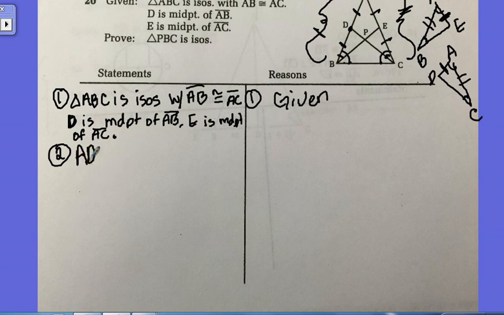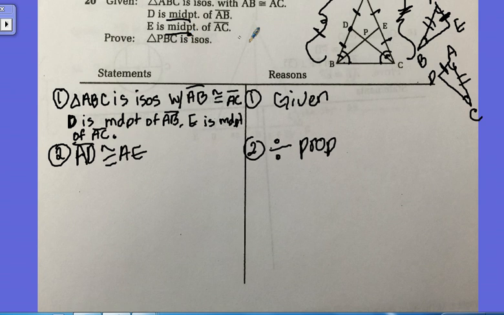All right, so AD is AE. We're getting that from the division property, because it was a double midpoint and these are congruent. So division prop, and that gave us a side.